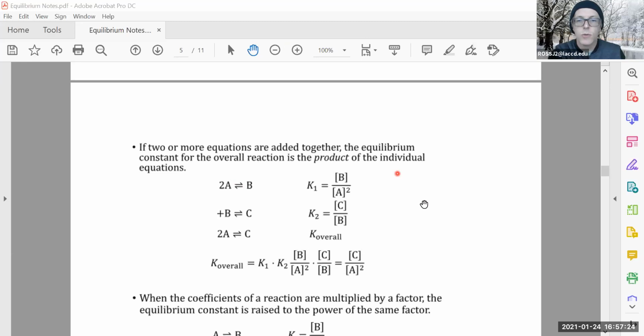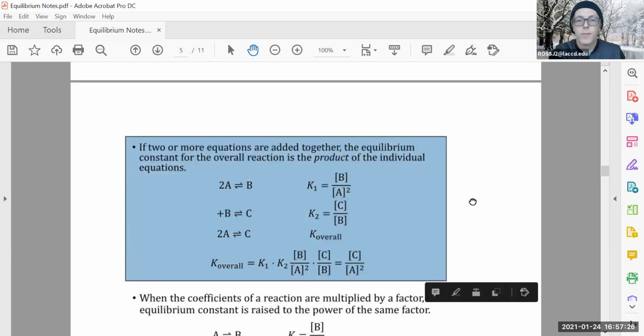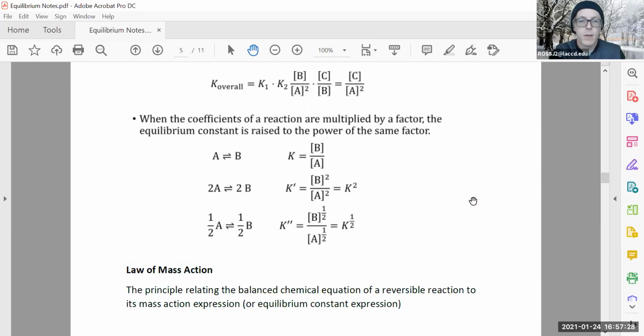While we scroll down. Okay, when the coefficients of a reaction are multiplied, the equilibrium constant is raised to a power. And this is just from the order. You can see basically the origin of this.